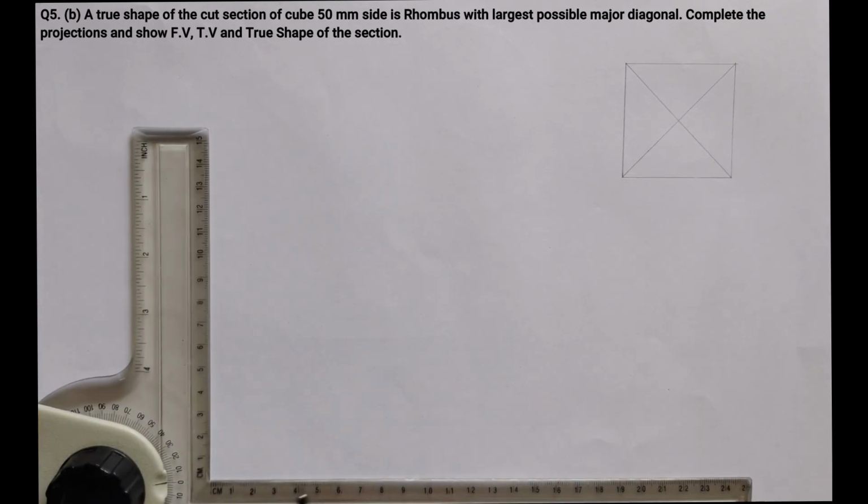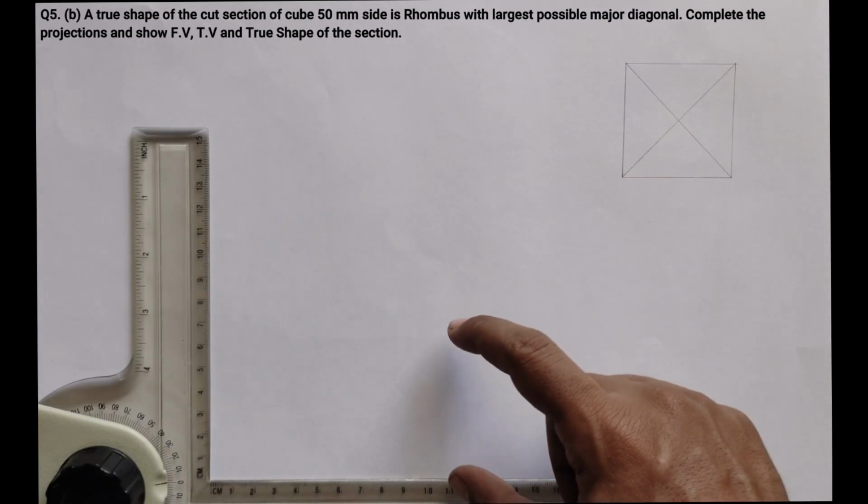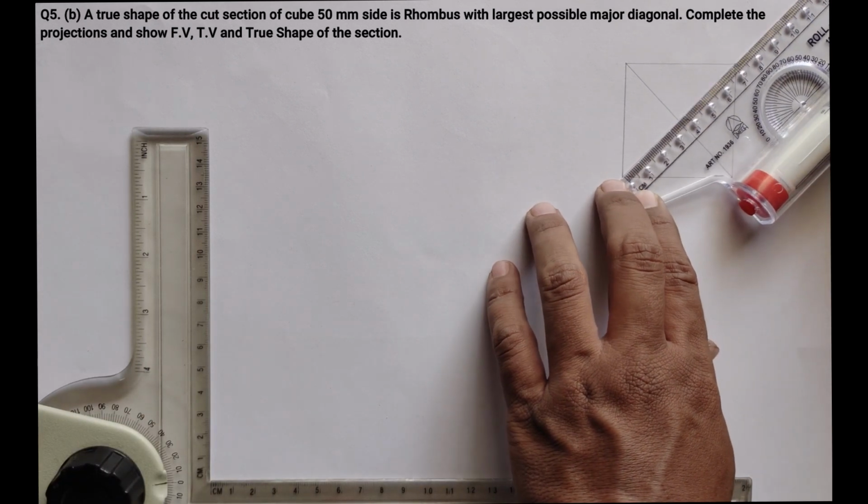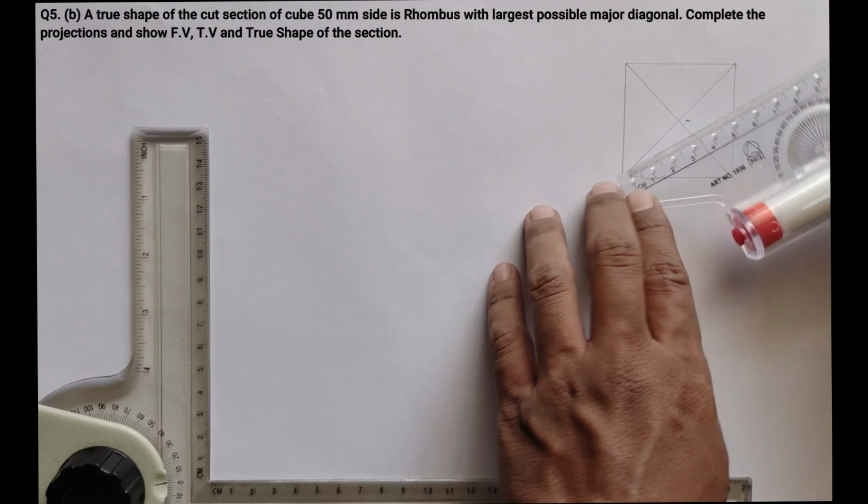Now we can draw the xy line, taking this diagonal vertical here. So taking this length here, this is 72.